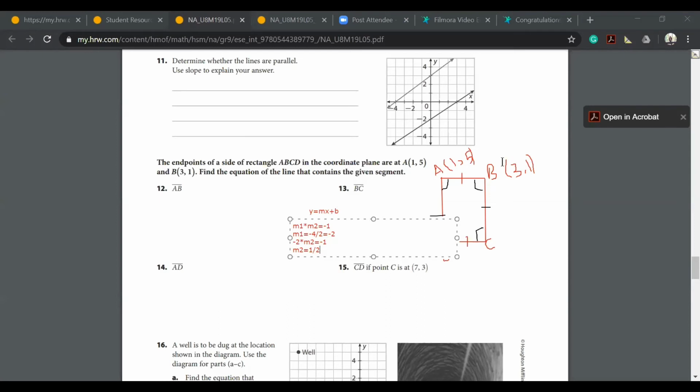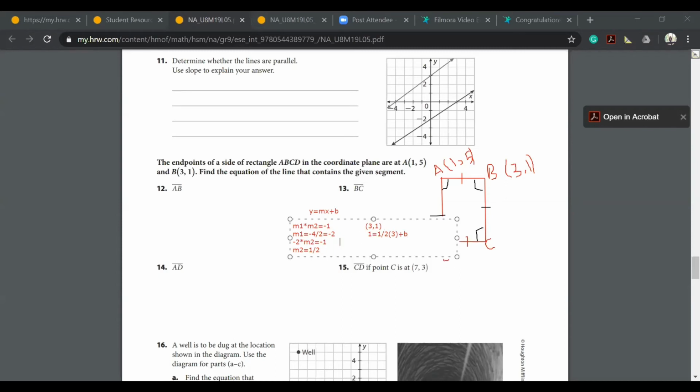No. But does B pass through BC? Yes. So this is the point I'm going to be using. My point is (3, 1). Of course, this is x and this is y. So let's substitute. So 1 will be equal to half, which is m, multiply 3 plus b.